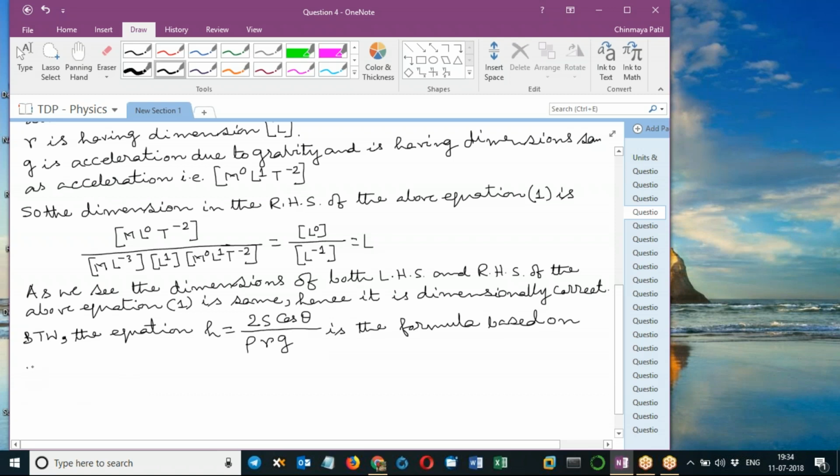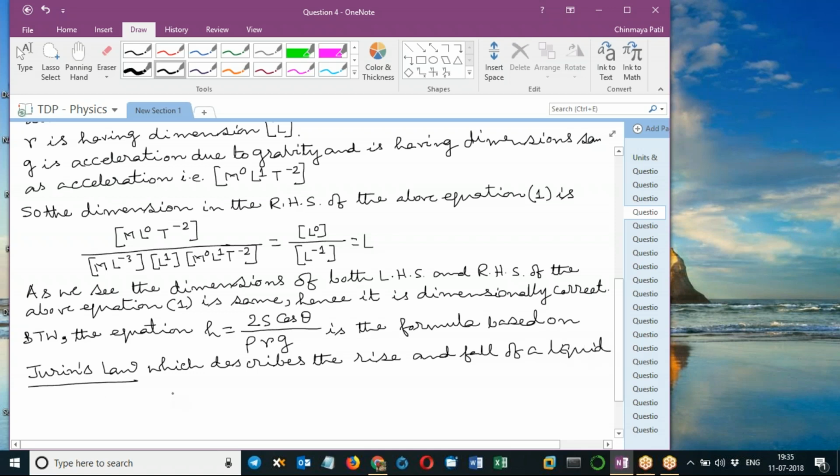Jurin's law. That is something called Jurin's law, which describes the rise and fall of a liquid, of height, within a thin capillary tube.